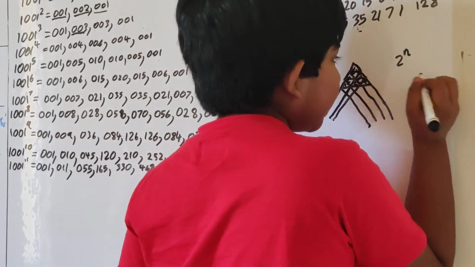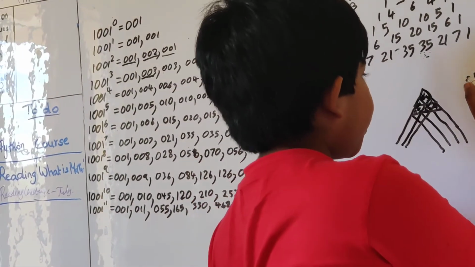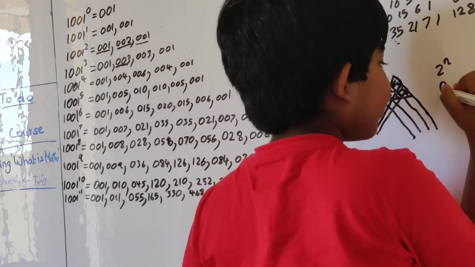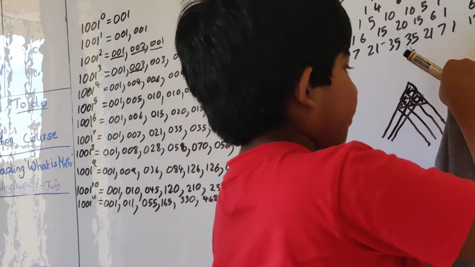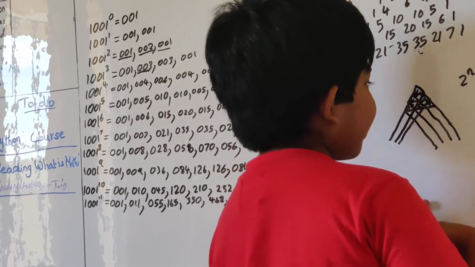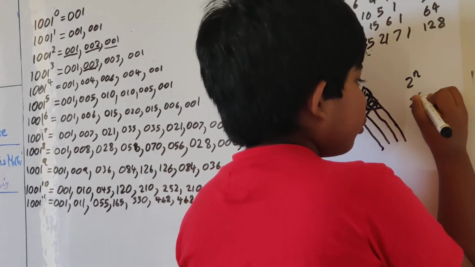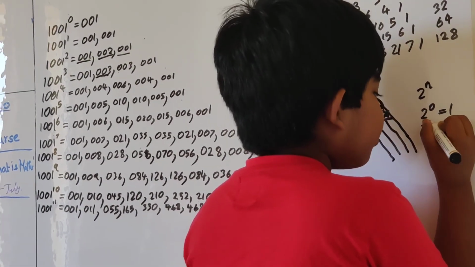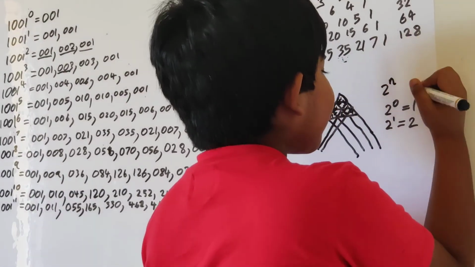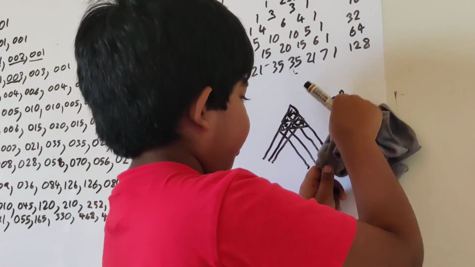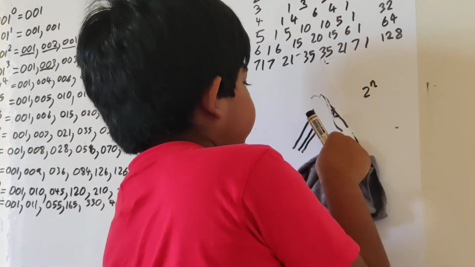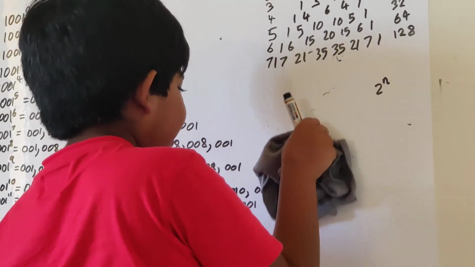Do we need any changes? No, because this fits perfectly. The exponential growth is correct. 2 to the 0 is equal to 1, 2 to the 1 is equal to 2. So this actually perfectly works. That's why the sum of the nth row is 2 to the n.